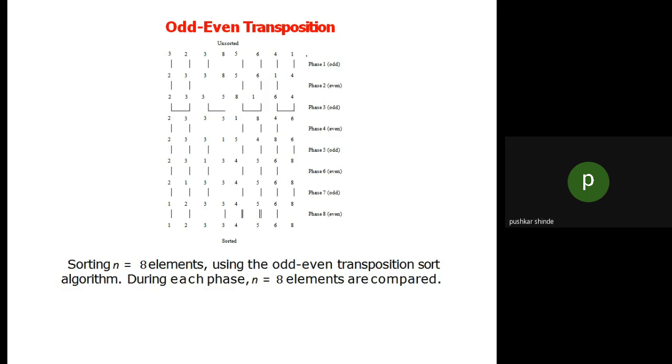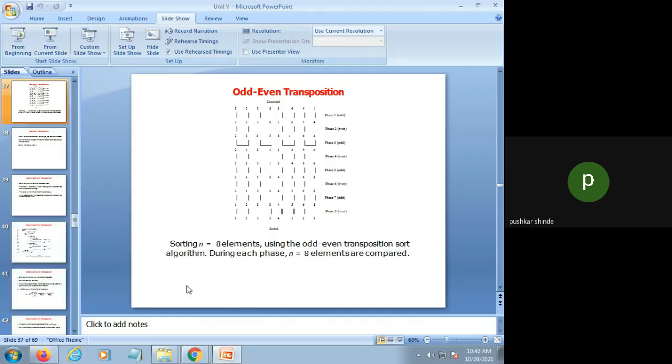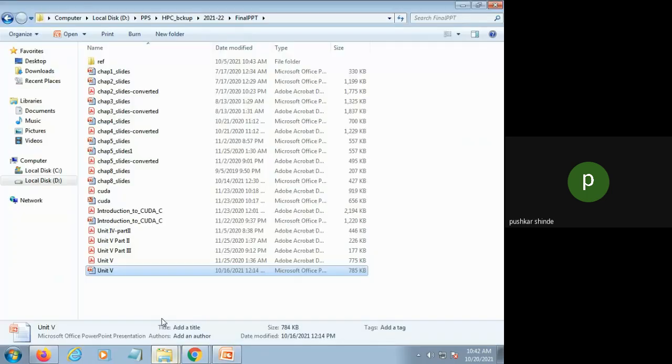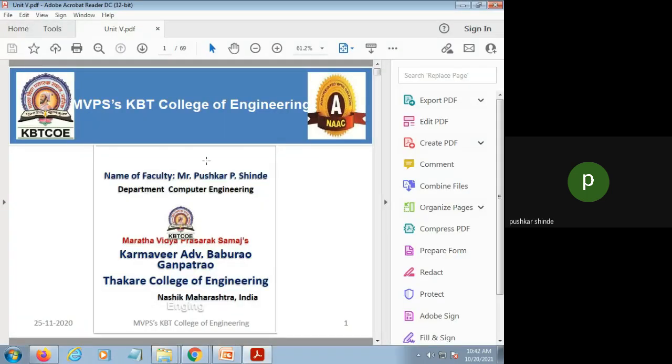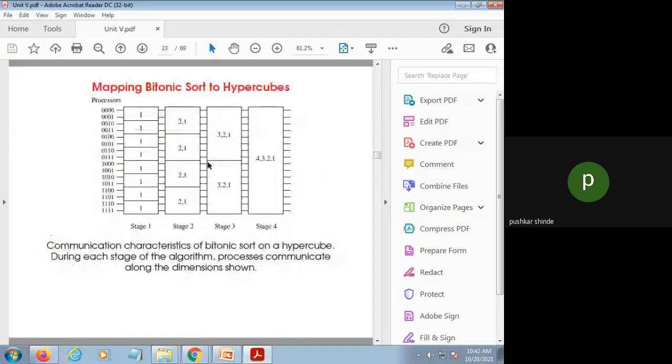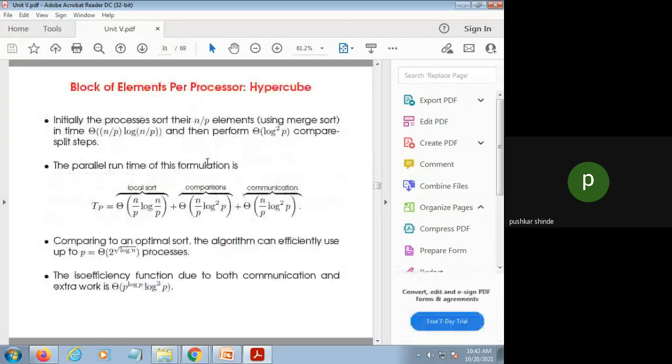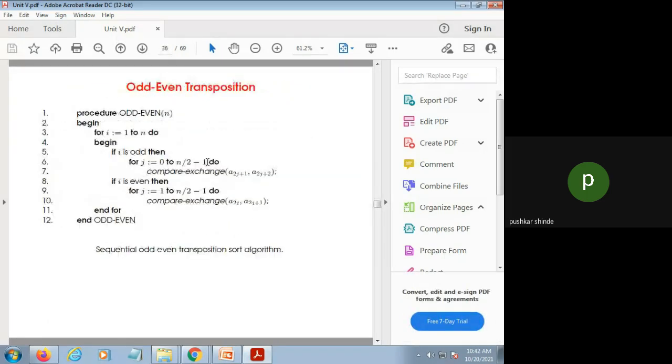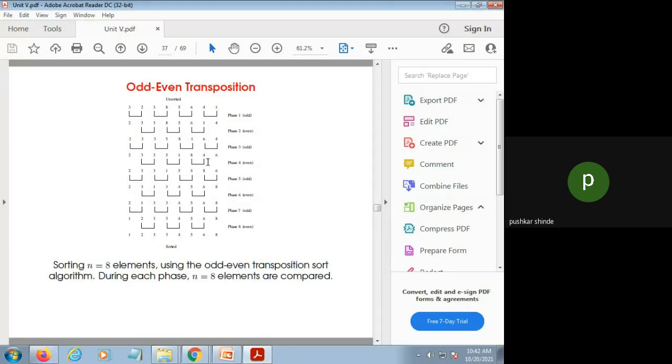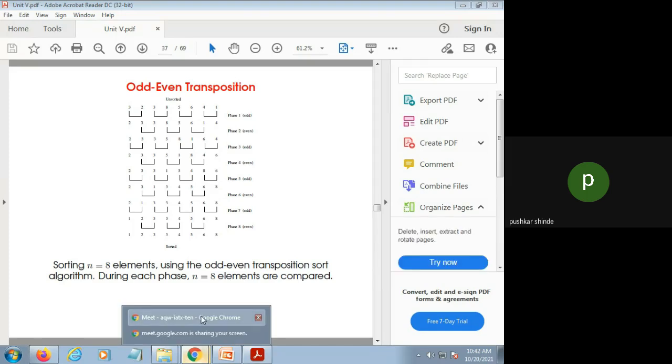Okay, it is not properly visible in this slide. I'll take another, we take it from the PDF. Just a minute. Is it now properly visible, students? Only this diagram I'll take from the PDF.